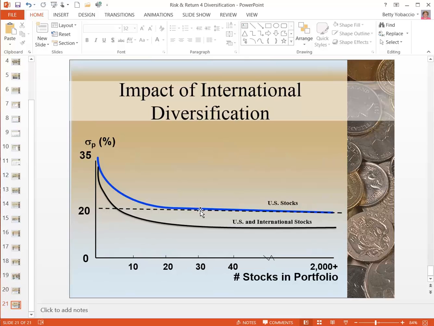However, the economies of foreign countries, although correlated with the U.S. economy, that correlation is not perfect. And so by adding some international stocks to the portfolio that previously just included U.S. stocks, we're able to even diversify away some exposure to U.S. market risk.